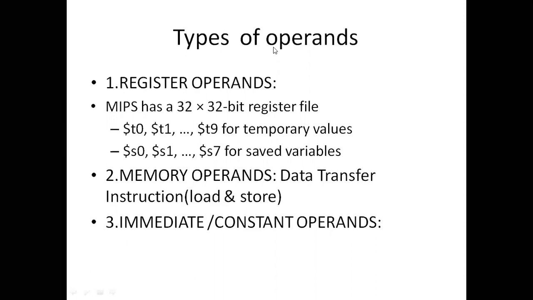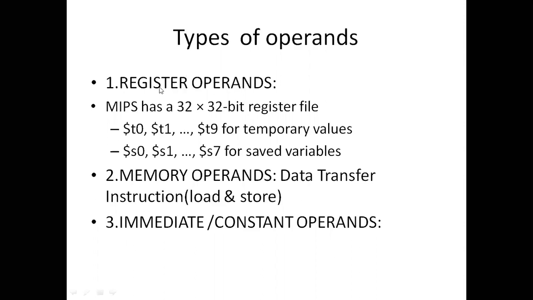We know very well what is meant by 32-bit. If you want to represent the 32-bit in bytes, means we know very well 1 byte is equal to 8 bits. So 32-bit means 4 bytes, we know very well. So we can say each and every register has 32-bit in length, or we can say it has 4 bytes.